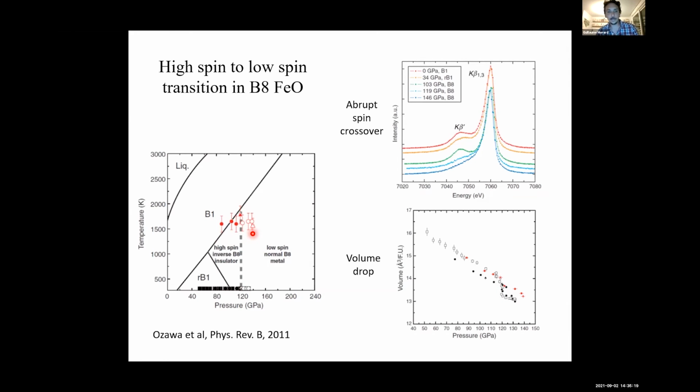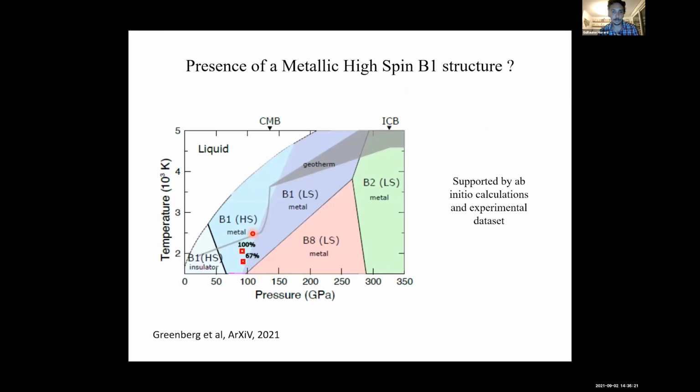A very recent paper by Eran Greenberg, also with Professor Leonov for the ab initio calculation, did this work on the B1 FeO structure, and they were saying that maybe you have this high spin in the metallic state, a high spin B1, and that could extend up to 150 GPa, and this is supported by experiments and ab initio calculation.